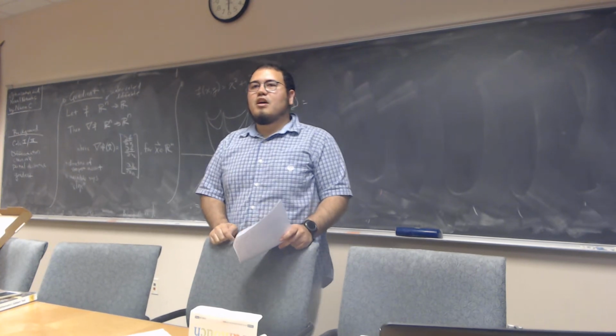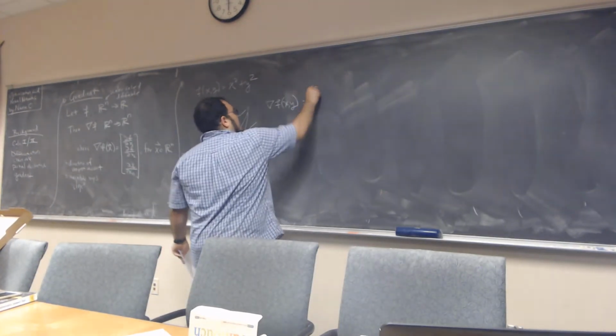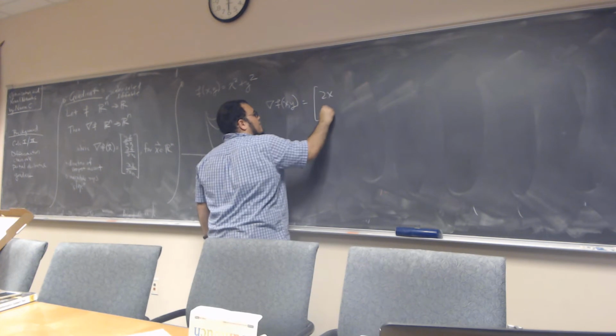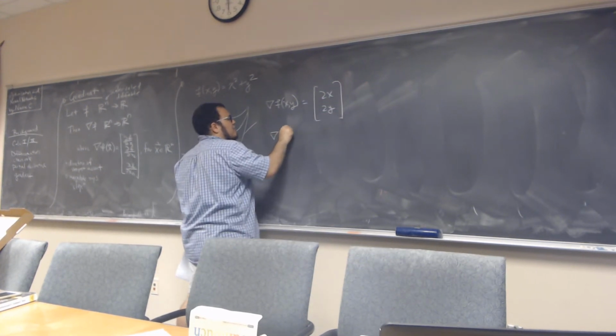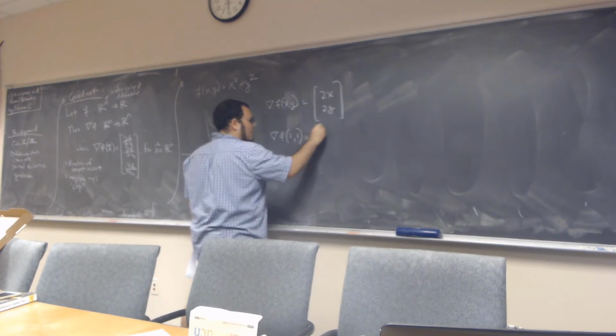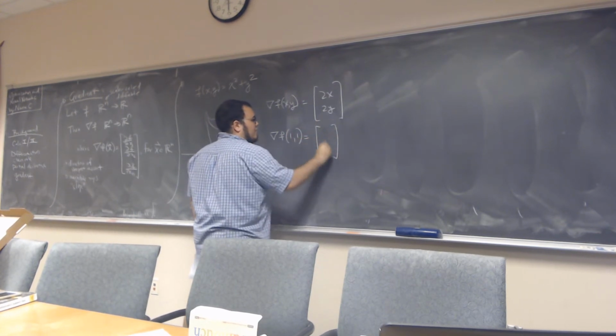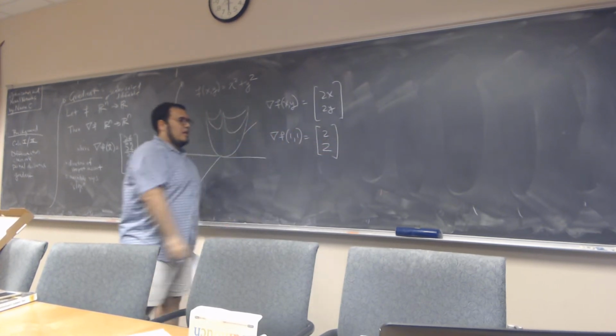2x, 2y. Yeah, great. So it's going to be a vector with two elements in it, 2x and 2y. Okay? And if we wanted to evaluate at a point, let's say the point (1, 1), we just get a vector where we plug in the x and the y, and we'd get (2, 2).